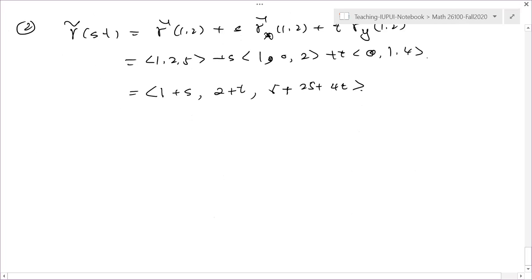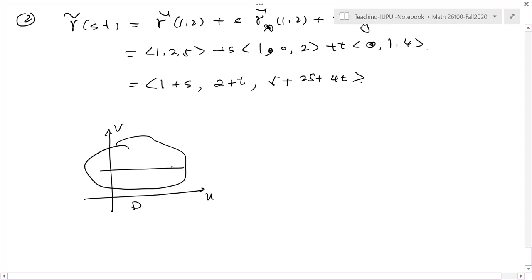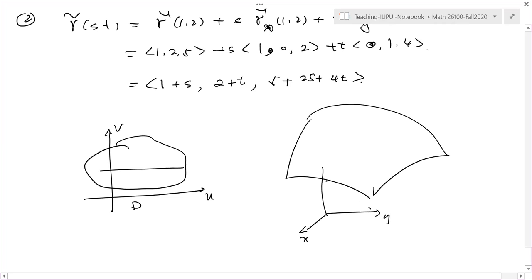All right, so now what else can we do? Let's look at the u and the v, okay? So we have a domain D here, and then you have a surface in the x, y, z space. I have horizontal lines, vertical lines. Now this tiny bit, I call it du, okay?